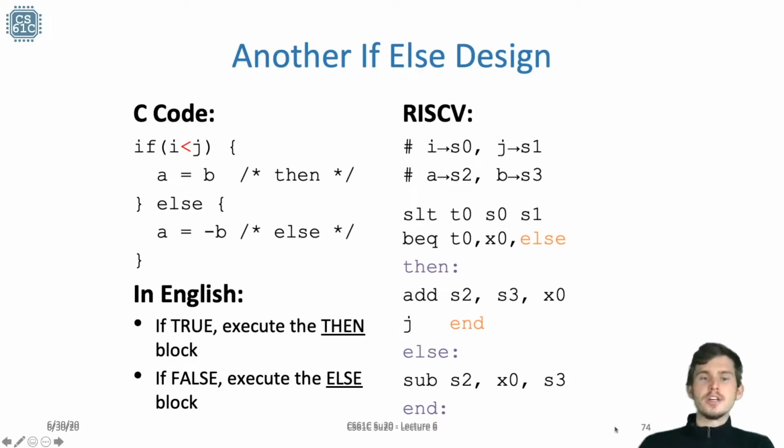As we can see here, we're checking to see if S0 is less than S1, which is what this operation is. And if this is true, we're going to set this to 1. So what this is checking for is if we've set it to 1. Because if we've set it to 1, that means that it is true, so we want to go into this then block. But because we're checking that it's equal to 0, that means that we don't want it to be less than. So it's either greater than or equal to, and that's why we're jumping to the else block for this branch.